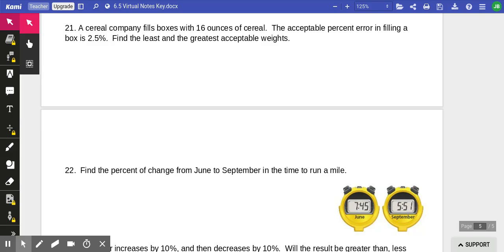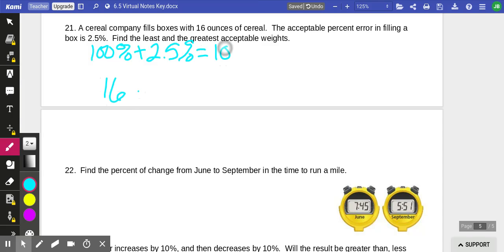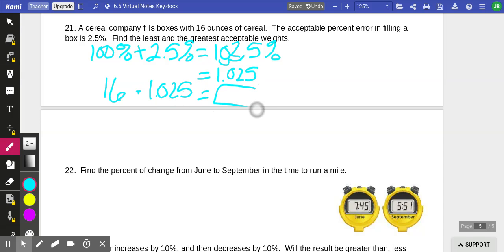One thing I just want to point out is if you are increasing 16 ounces by 2.5%, so if you're taking the 100% and increasing it by 2.5%, you're going to end up multiplying 16 times 102.5%, or I have to shift it over, 1.025. So times 1.025, and that will give you your increased amount.